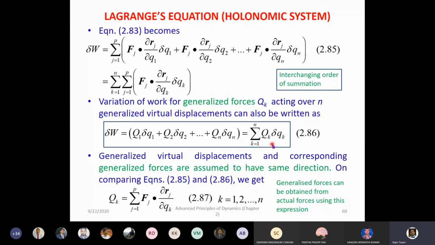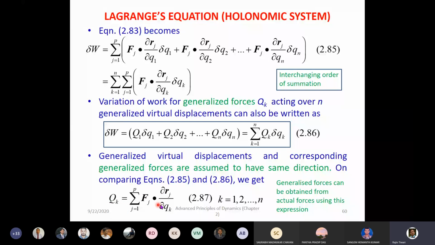So we have two expressions for the virtual work. One is from the generalized forces, another from the actual forces. If we compare these two expressions, we will see that Qk, the generalized force, can be obtained in terms of the actual force like this. We compare this: delta q is common, and the summation from 1 to n over k is common. So the summation from j equal to 1 to p will come here, along with this term.